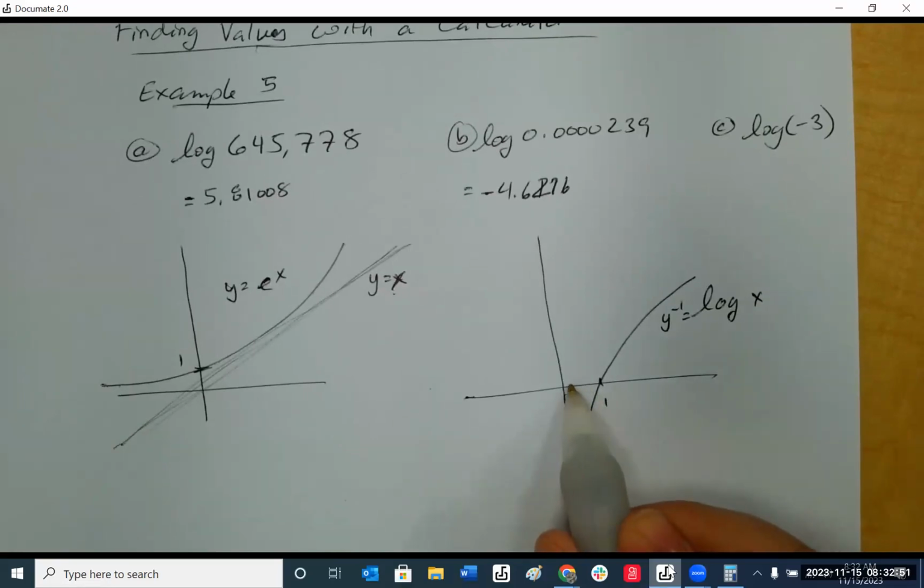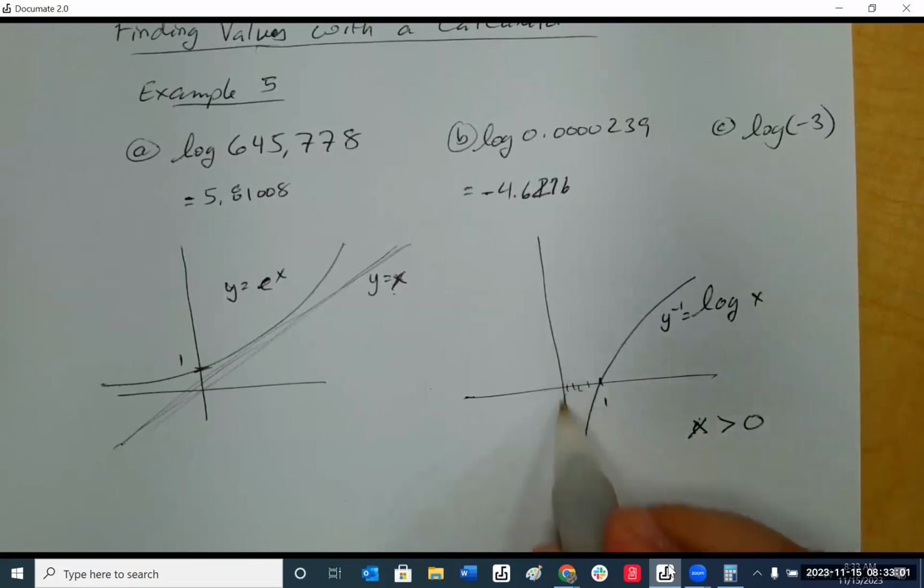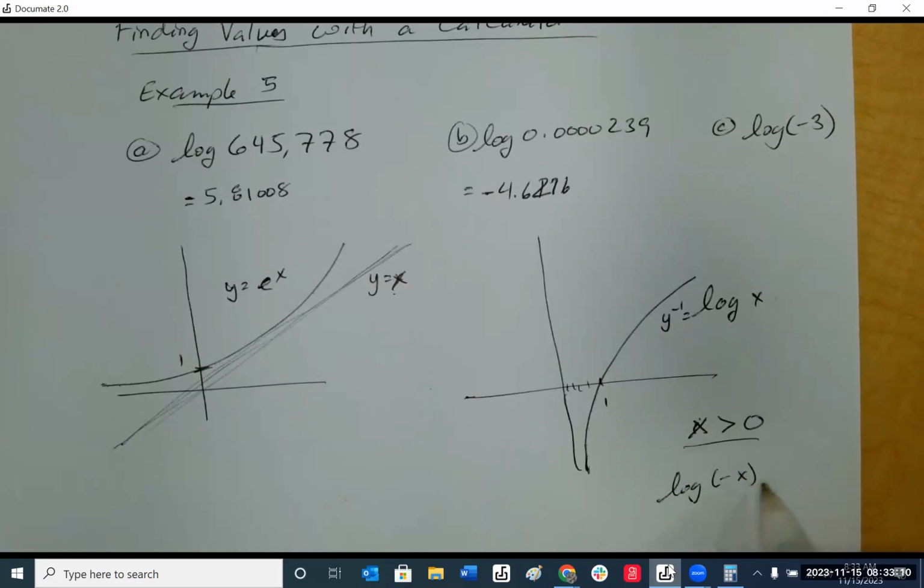You notice that the domain of the logarithmic equation is greater than 0. It cannot equal 0 because it never crosses the y-axis. So you cannot take a log of a negative number.